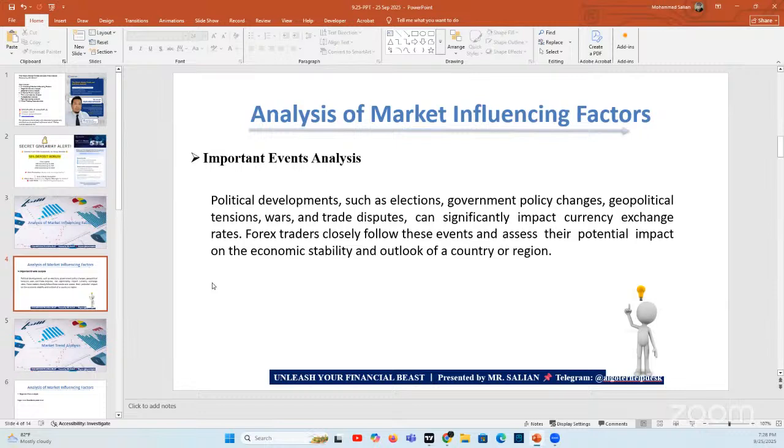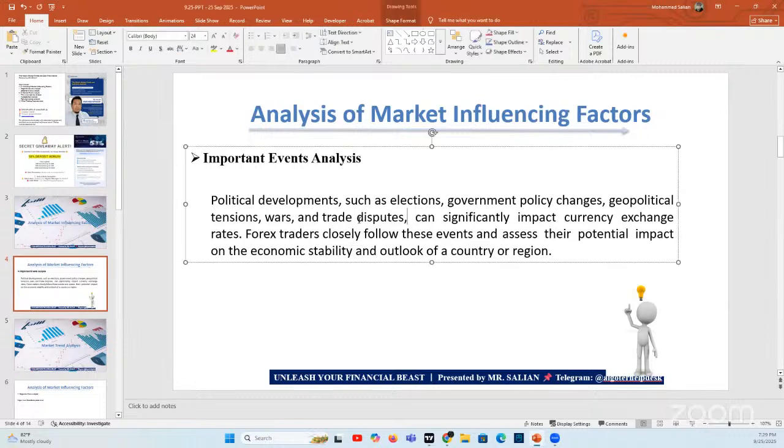So these things affect the global forex market, and we just have to accept the fact that anything can happen in an instant. Gold or whatever asset it is can go up or down in a matter of minutes because of these things. And trade disputes as well.